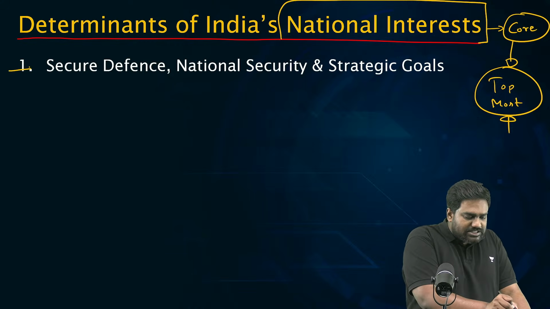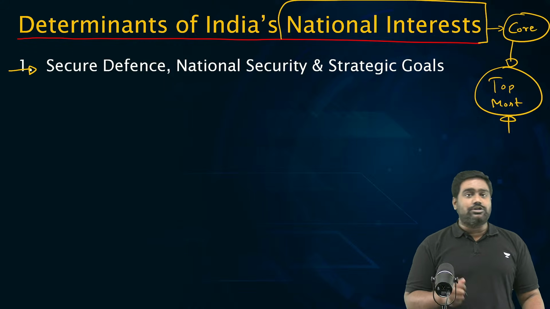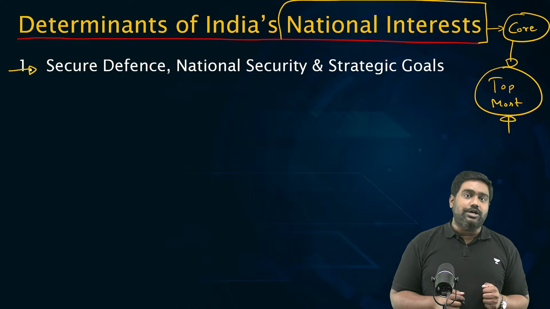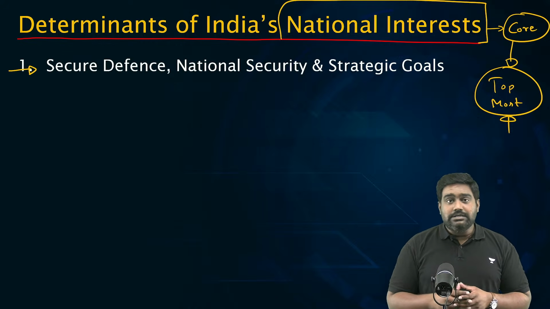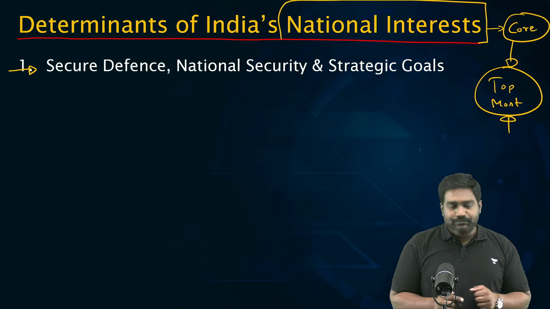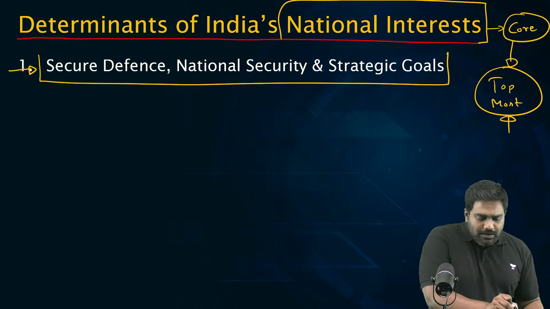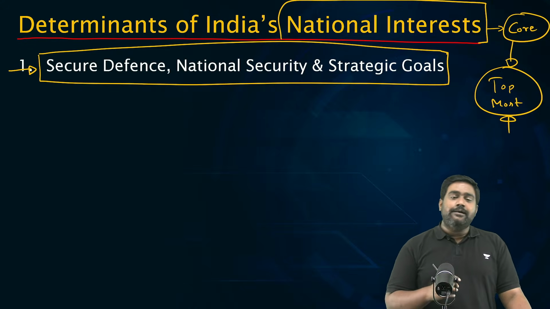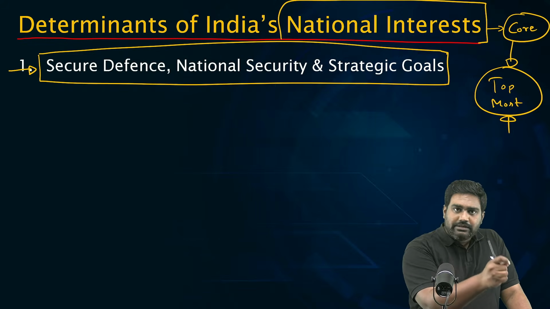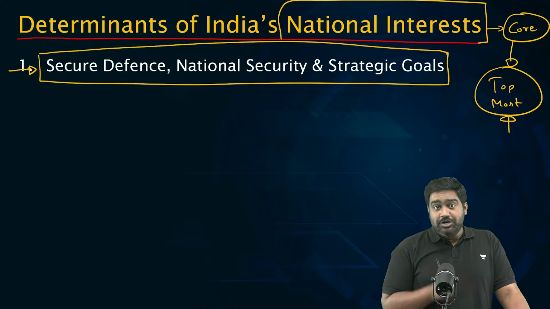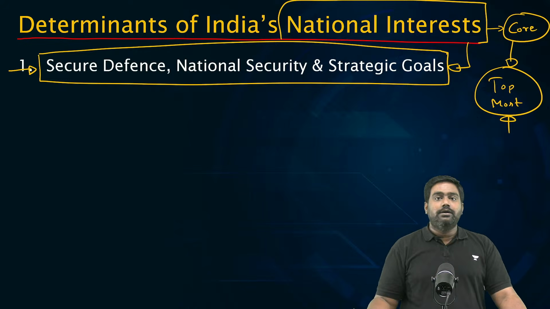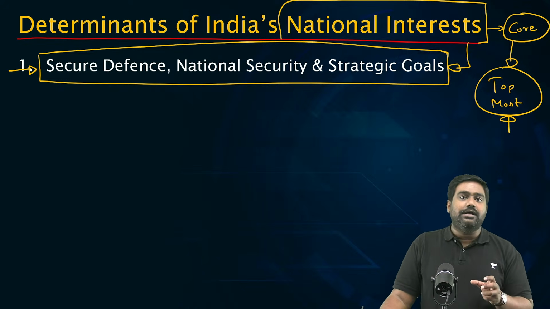So, one of the first and foremost determinants of national interest would be the security of the nation, the sovereignty of the country, the territorial integrity of our borders. So, one primary goal of our foreign policy is to secure the territorial integrity of the nation, ensure that our borders are protected, ensure the defense of the country.